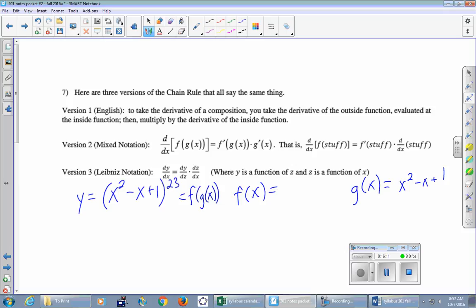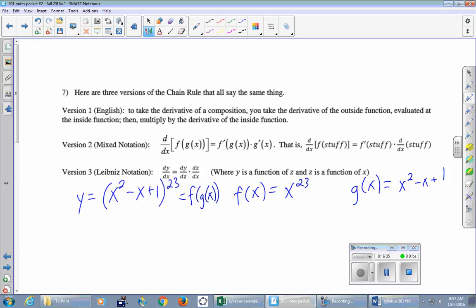And then the outer function is what's being applied to this whole thing in the parentheses, and that's just raise this stuff to the 23rd. It's x to the 23rd, right? You don't need to put this x squared business again. It's just take the previous stuff and raise it to the 23rd. Okay, so the chain rule tells you how to take a derivative of a composition. So that's what we've got here.